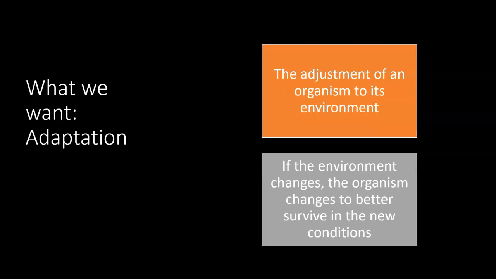Anytime that you are training somebody, especially if it's a novice, well, what do we want? We want positive adaptations. An adaptation just describes the adjustment of an organism to its environment. Now, this is not just a weight training thing.